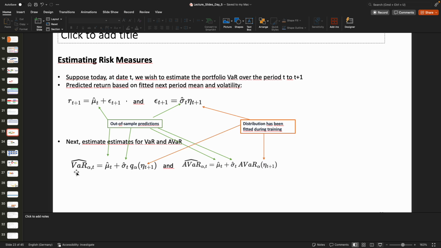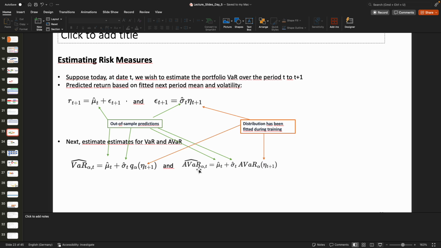And now you can compute an estimate for the value at risk at the alpha quantile, let's say for the next period. So you just take the expectation for the next period plus the volatility estimate for next period, and then you multiply it by the alpha quantile of the eta density. And if you wanted to compute an average value at risk, that I haven't yet defined, but I've mentioned, you can compute a value at risk for different alpha quantiles.